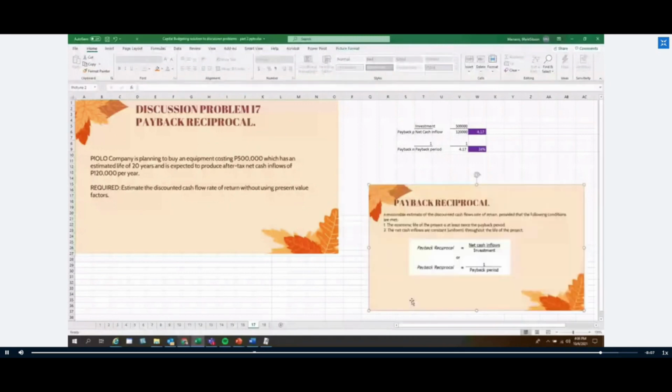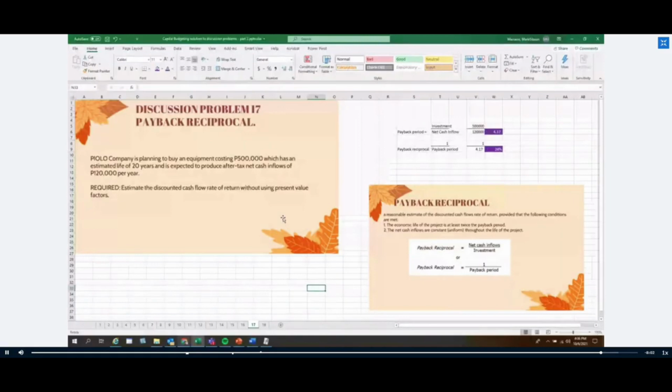Estimate the discounted cash flow rate of return without using present value factors. We will not use a present value factor. Piolo company is planning to buy an equipment costing 500,000 which has an estimated life of 20 years and is expected to produce after-tax net cash inflows of 120,000 per year.